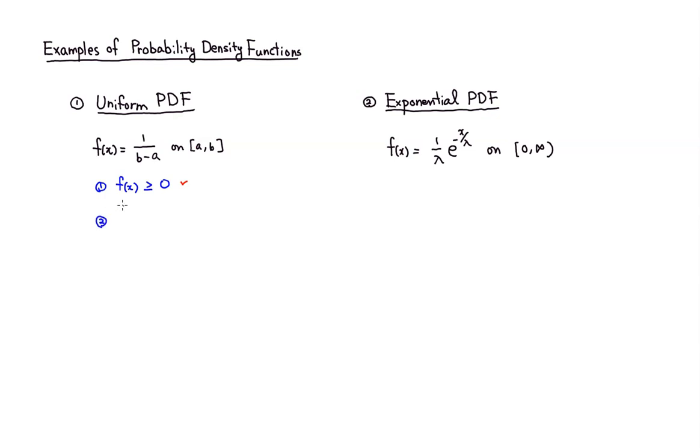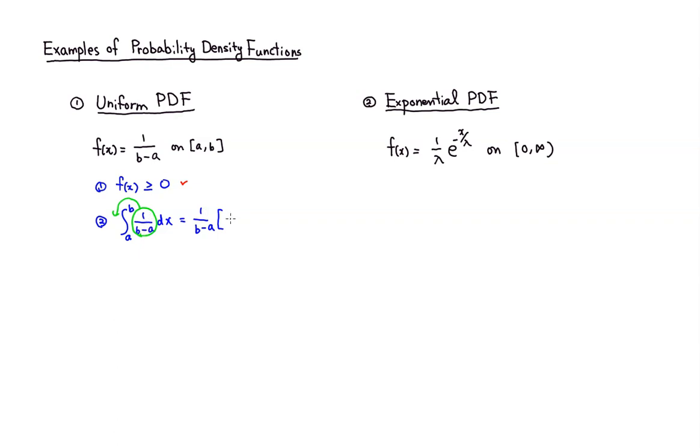If you integrate from a to b of 1 over b minus a, since this is a constant, you can kick the constant outside the integral. So it's going to just sit there, 1 over b minus a, and then you have a 1 left.